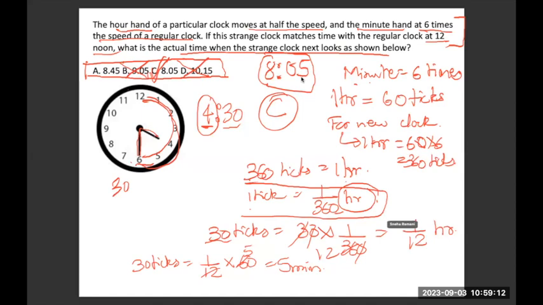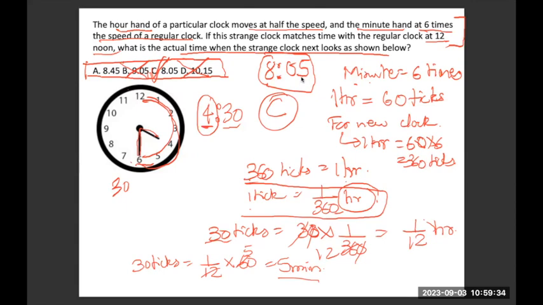So 30 into 1 upon 360, and I get 1 by 12. 1 by 12 if I convert into minutes, I'll get 5 minutes. So I'm not accepting 8:05 as the answer. I'm saying okay, 45 minutes is possible, 5 minutes is also possible. Let me check it once.